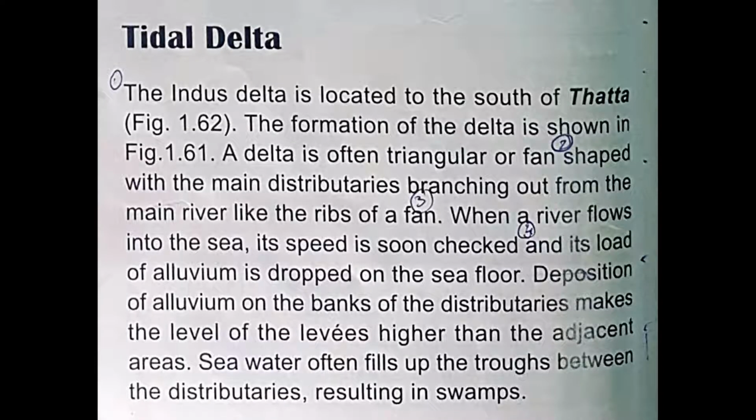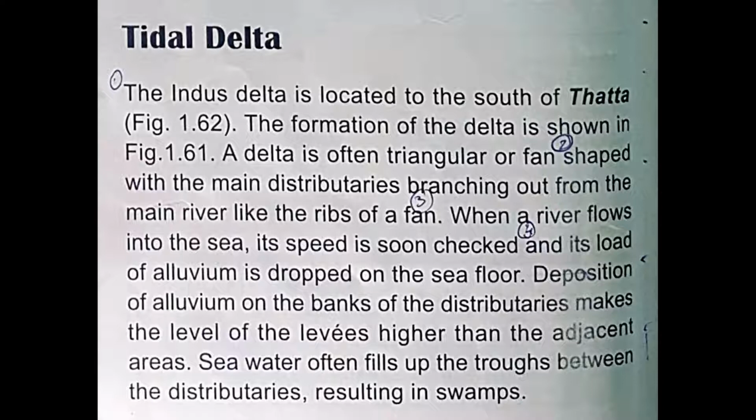Tidal Delta. The Indus Delta is located to the south of Thatta. So, what is its location? It is located in the south of Thatta. The formation of the delta is shown in figure 1.61.